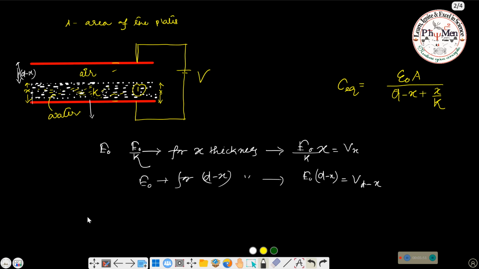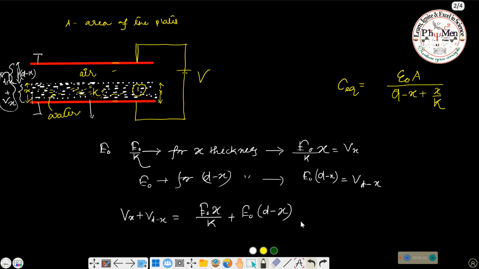So what will be the total potential difference across the capacitor plates? It is Vx plus V d minus x. If we add these two potentials, we get the potential difference across the capacitor plates, which comes out to be E naught x by K plus E naught d minus x. Now what is the capacitance?